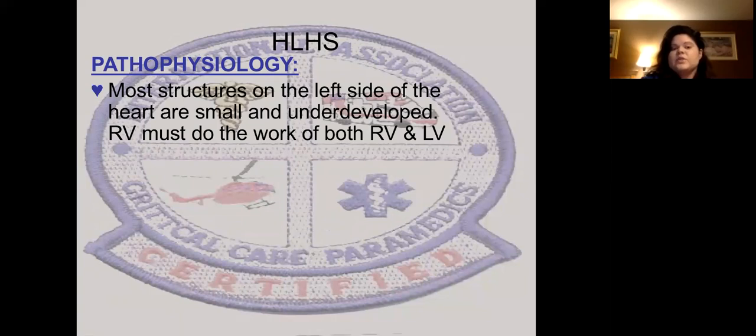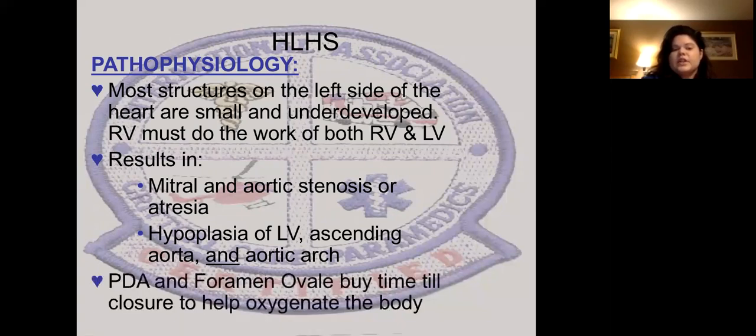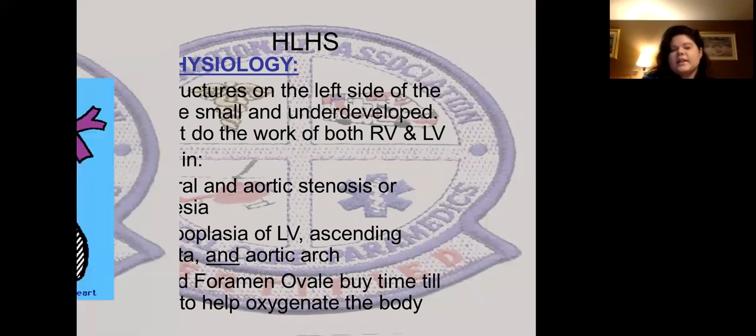The right ventricle must do the work of both the right and the left side. This is going to result in mitral and aortic stenosis or atresia, and hypoplasia of the ascending aorta and aortic arch. The PDA and foramen ovale buy time till closure to help oxygenate the body, but once they're closed, there's not a whole lot anybody can do.